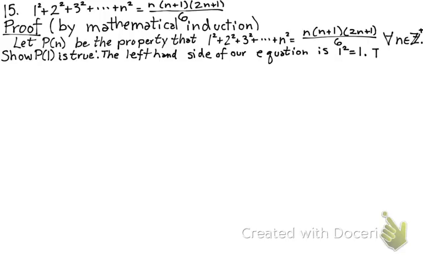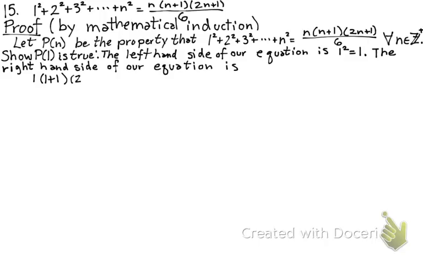The right-hand side of our equation is, give ourselves a little bit of room, it'll be 1 times 1 plus 1 times 2 times 1 plus 1 over 6.